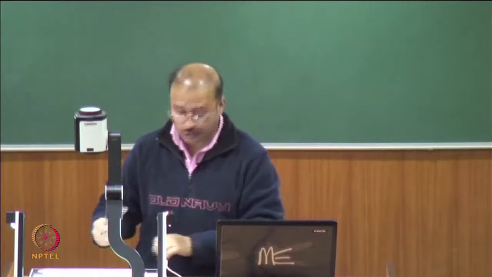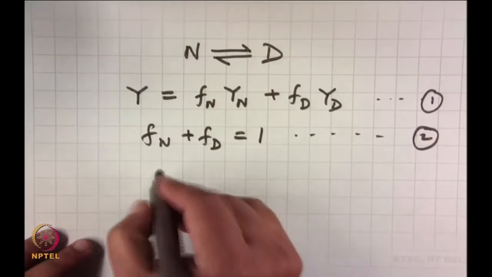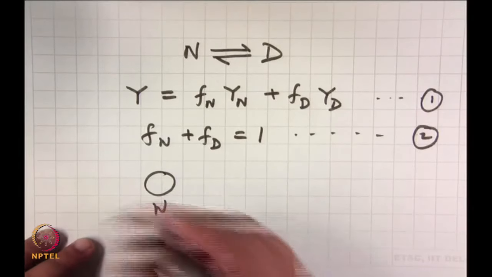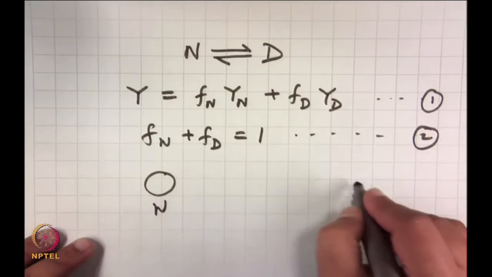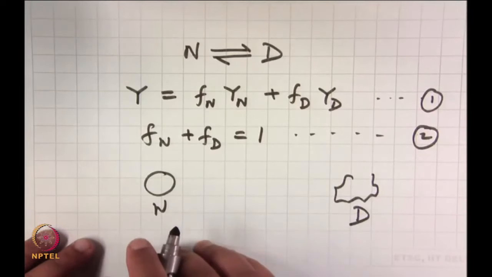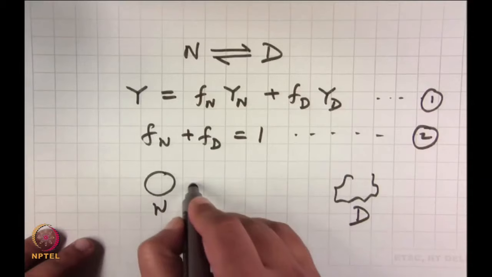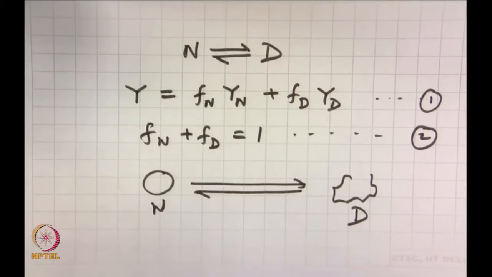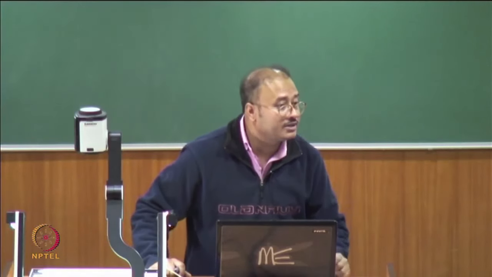For example, to represent it diagrammatically, I have a state which is native, a compact, globular form, and I have a state which is denatured. I am just looking at an equilibrium between these 2 at any given temperature. But you can easily raise a point: what is the guarantee that I would not have any intermediate states between N and D?